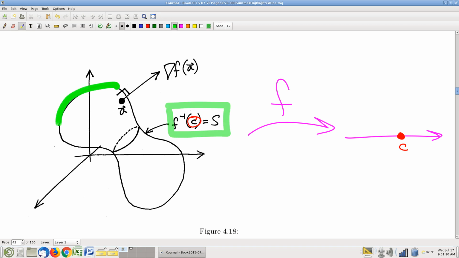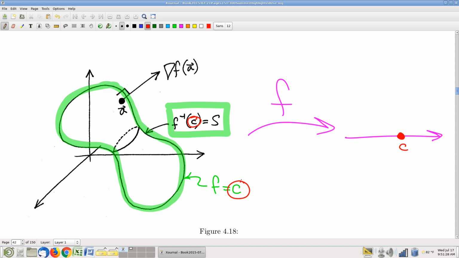So everywhere on this surface, we have f equals c. I'm going to write that down here. Everywhere on here, f equals c. That same value c. Okay.